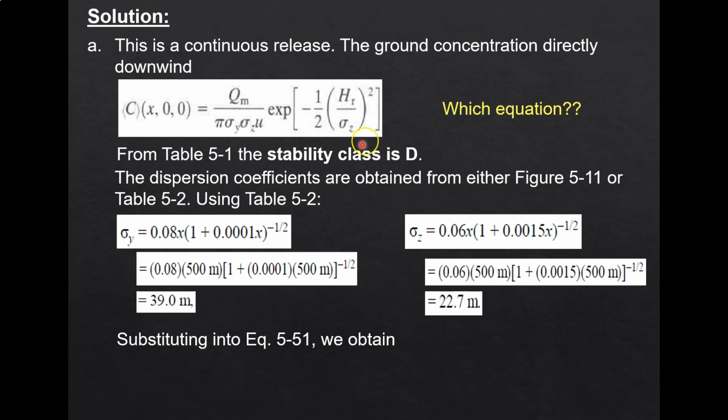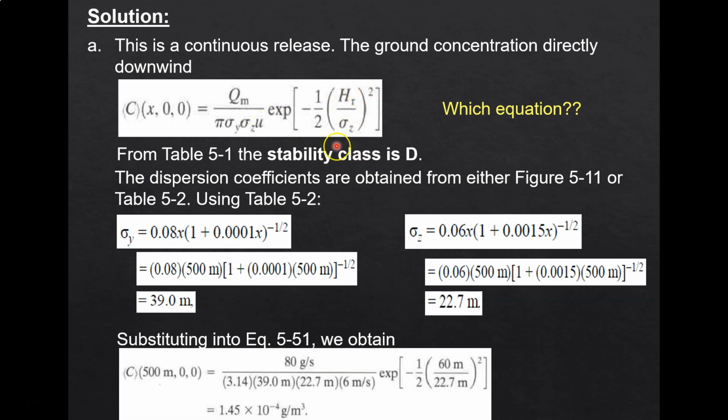You have your sigma y, sigma z, then you have your H_R, the effective height. This is your release rate, 80 grams per second, your pi, 3.14, sigma y, 39, sigma z, 22.7, and your wind speed U, 6 meters per second.